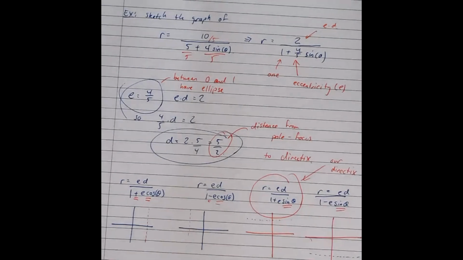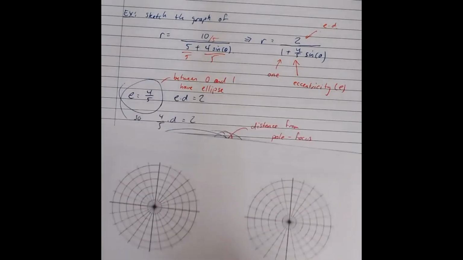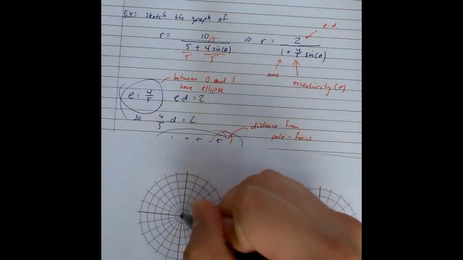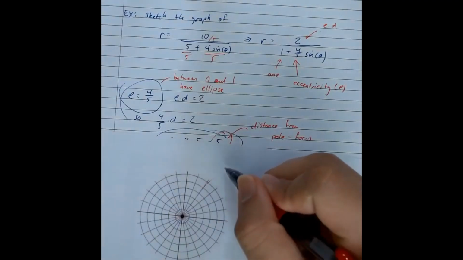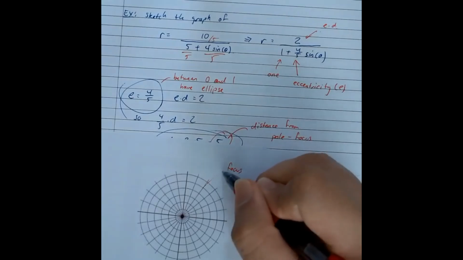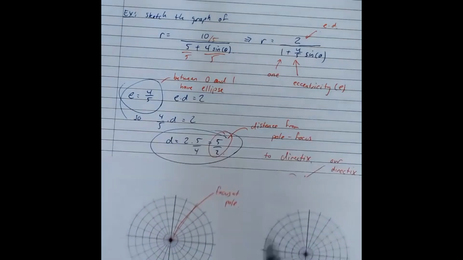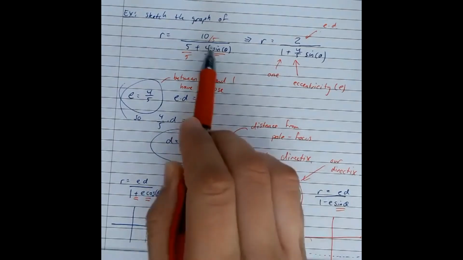All right, so let's go ahead and draw that out. I'm going to draw this on a polar grid here. I know that my focus must be at my pole. That's always going to be the case for any of these. So here I'll label that as my focus. Now I know that my directrix will be horizontal and above the pole because again, plus sine right here.